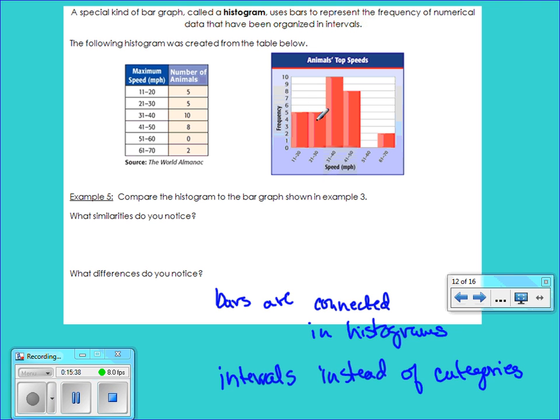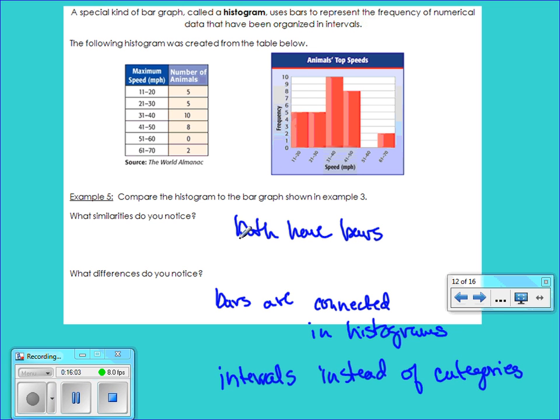All right? So what are some things that are the same between a bar graph and a histogram? They both have bars. Okay? And do they both have a quantity out to the left?